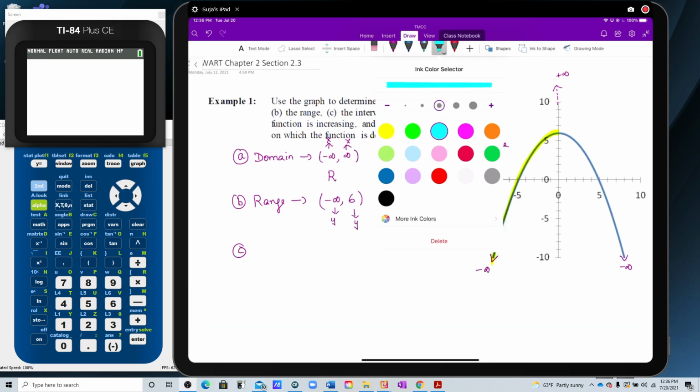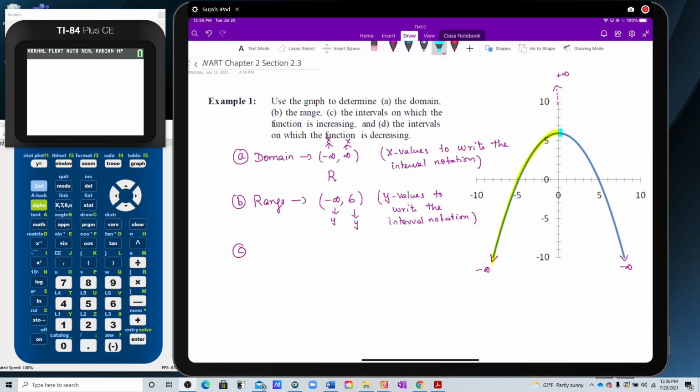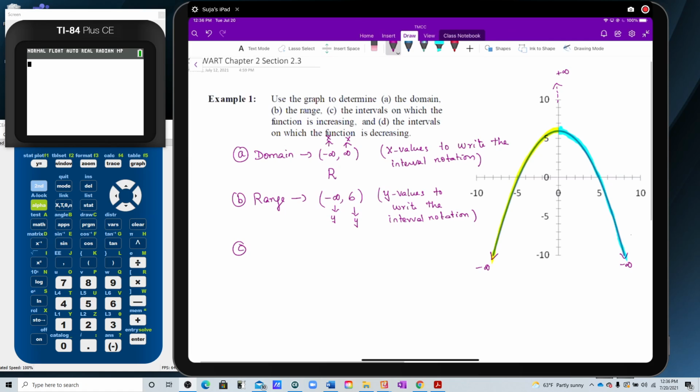And if I go from this point all the way down to positive infinity, the function is decreasing. So again, these represent the y values. I'm saying the graph is going down, okay? So the x values here will be, this is positive infinity, and this will be negative infinity.